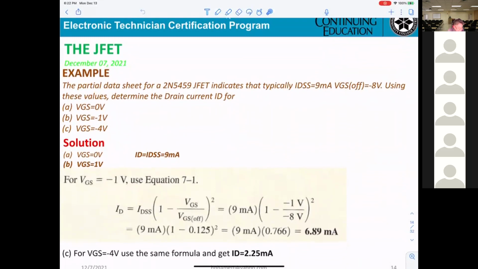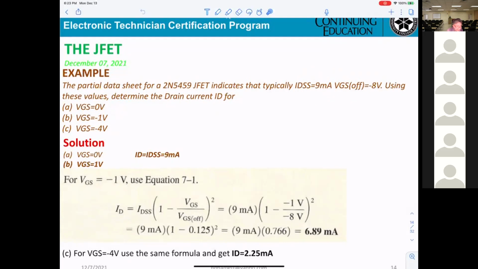Okay, let's see an example. A data sheet for a JFET indicates that typical IDSS equals 9 milliamp and VGS off equals minus 8 volts. Using these values, determine the drain current ID for, first, VGS equals 0, so what is the current ID?